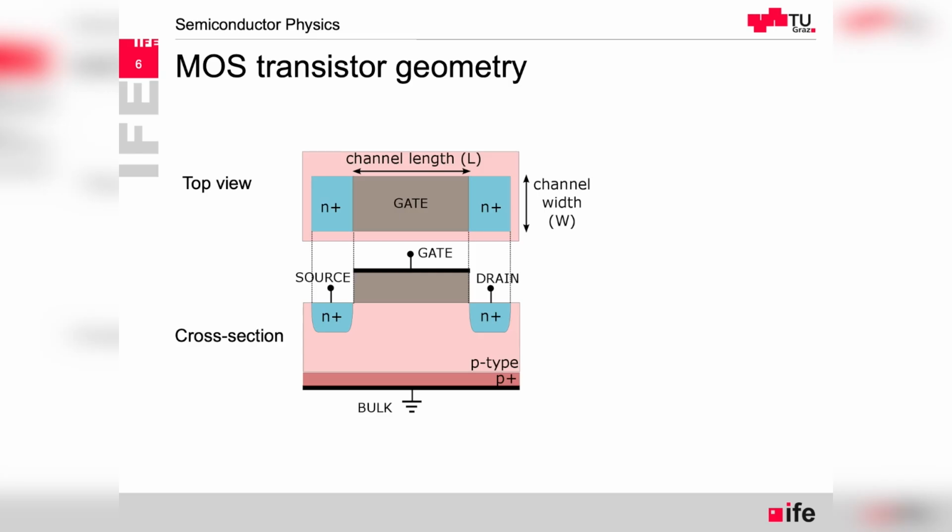Now, geometrically, two very important parameters which will appear in the transistor equation are the width and the length.